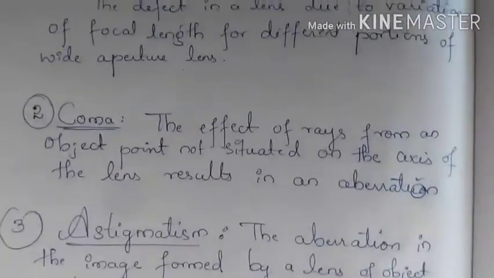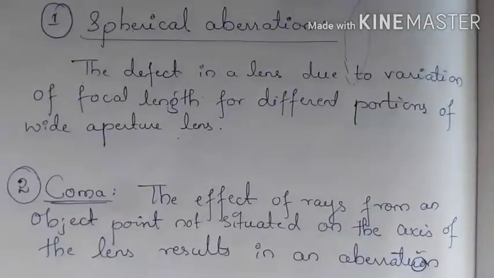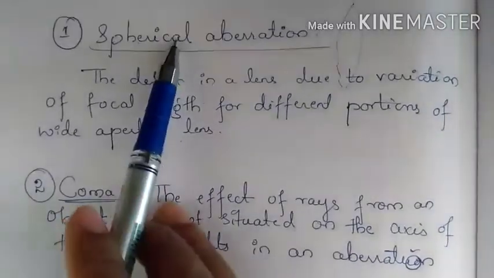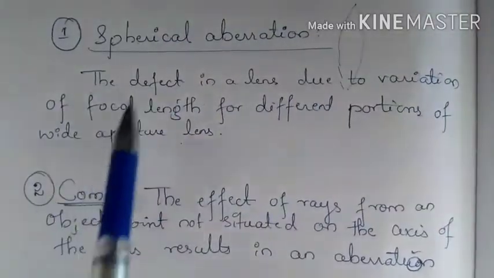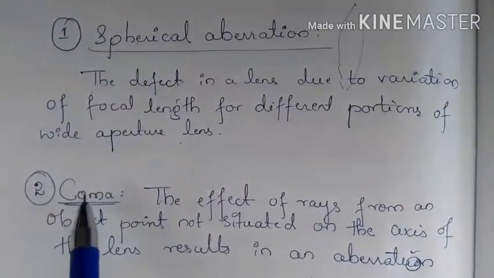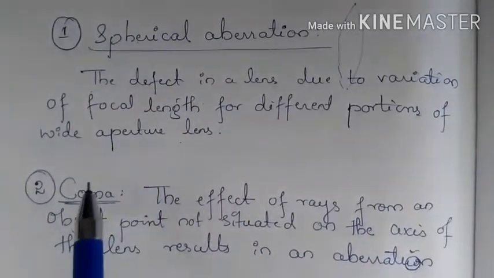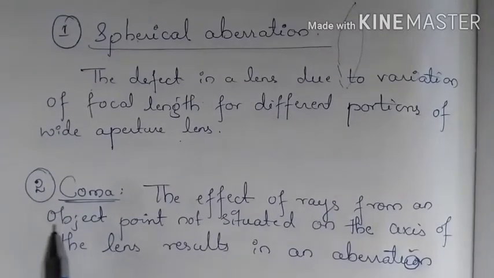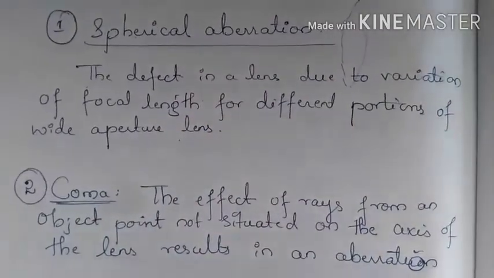So we have learned the 5 different monochromatic aberrations that are possible. The first here is spherical aberration. We got to know the variation of the focal length of the lens in different parts or different portions will be different, and that gives the spherical aberration.